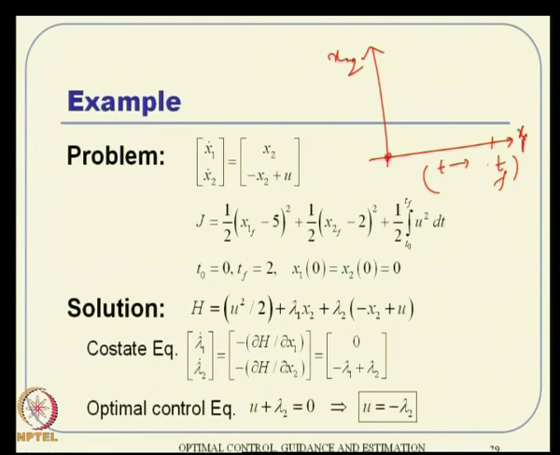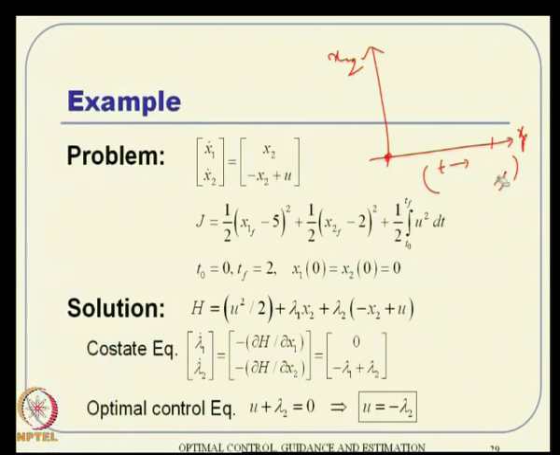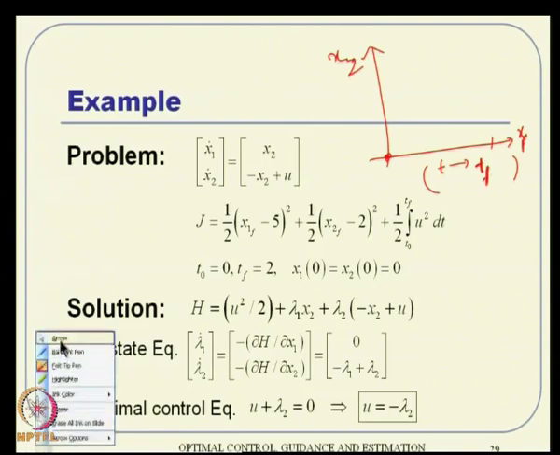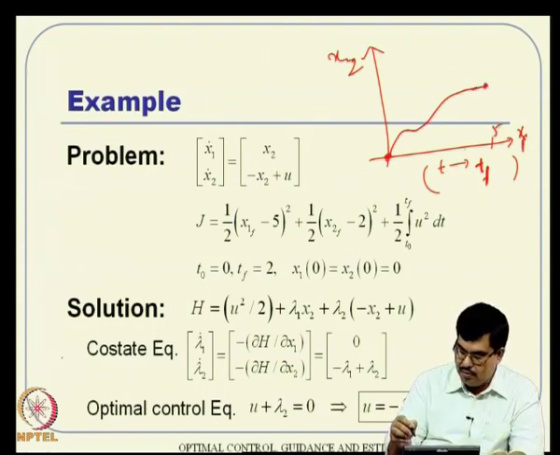When t goes to Tf, we are interested in taking this trajectory. I do not know how it will evolve, but ultimately there is a 5 2 value, this is 5 let us say, and this is 2.